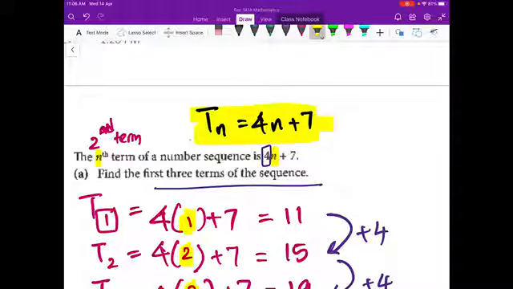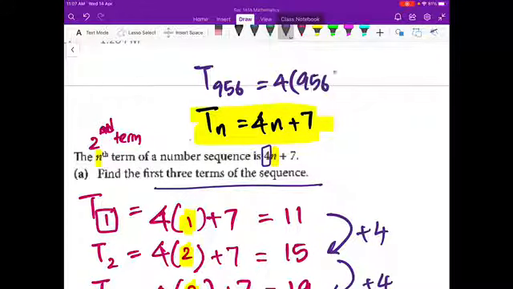Every time you see the n, you change it to whatever they want you to change it to. If they say I want term number 956, you see the n changed, right? The n became 956. So you write equals 4 times 956, then plus 7. Just follow what the n changed to become.